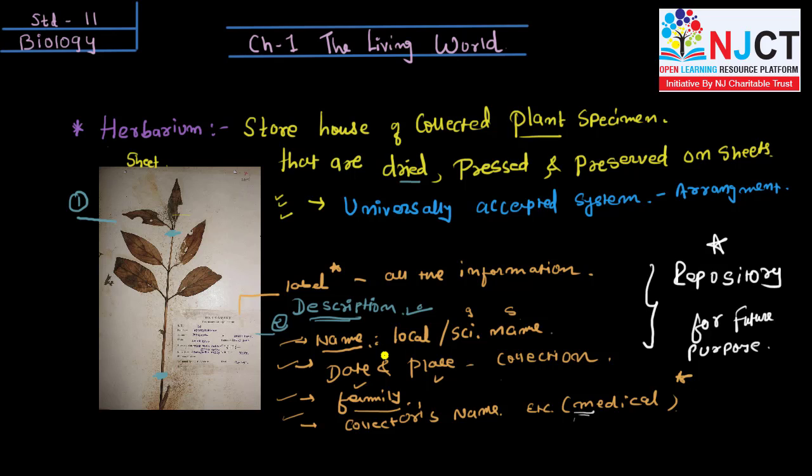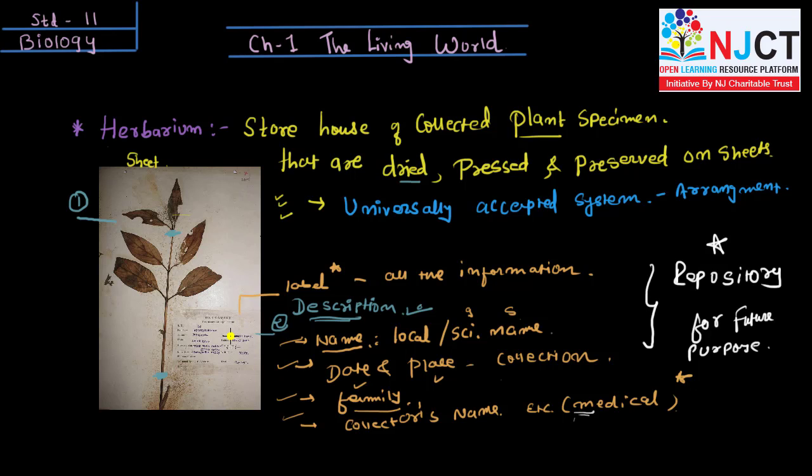Very easy, very easy. I'll suggest you to do the practical on your own. You just have to get one sheet, or you can say a normal drawing paper. Just take any plant specimen, stick it, and write all the information you are getting.